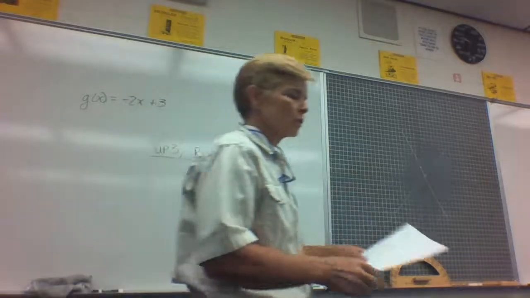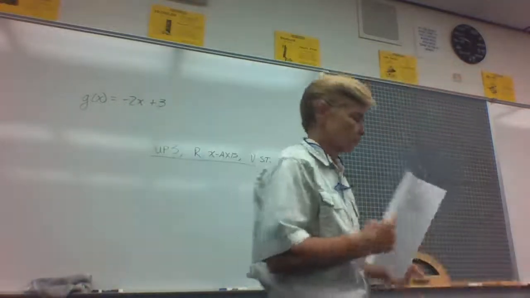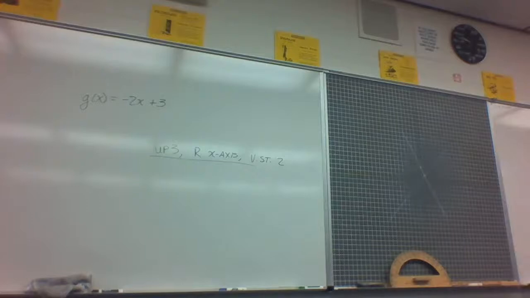Okay? Your answer sheet looks like this, remember? These were the first 4, and you have to write their descriptions on these lines that I have, their transformations. This is number 5, so it's going to be an equation. And it's going to say g of x equals. And you're going to take f that's provided and do those transformations to it and write down the result. You understand? So these are all going to be equations.